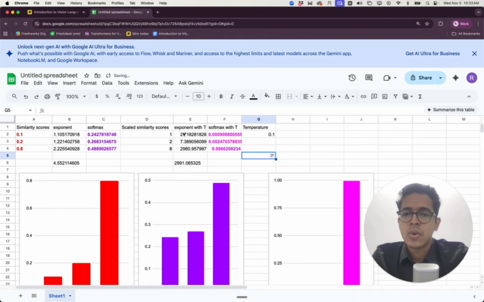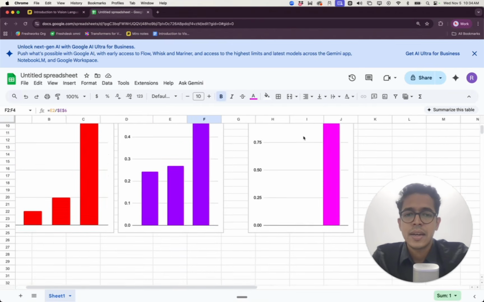Now the scaled score will be, 0.1 will become 0.1 divided by 0.1, which is 1. 0.2 will become 0.2 divided by 0.1, which is 2. 0.8 will become 8. And then I can take the exponent of 1, exponent of 2, and exponent of 8, resulting in these numbers. So sum total of these numbers is 2991, and then the softmax will be 2.7 divided by 2991, 7.3 divided by 2991, 2980 divided by 2991, and then now my numbers are like this.